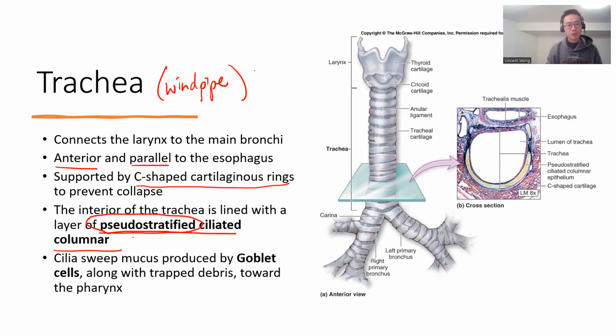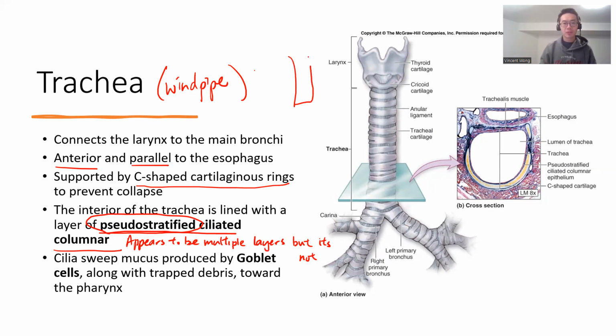So pseudostratified means appears to be multiple layers, but it's really just one layer. And they are ciliated columnar. Columnar means rectangular shape, and ciliated means they have cilia, right? So that's the kind of tissue that's inside the trachea.